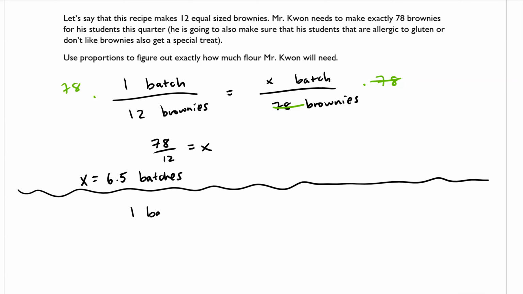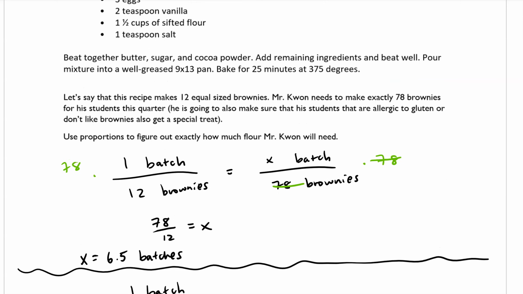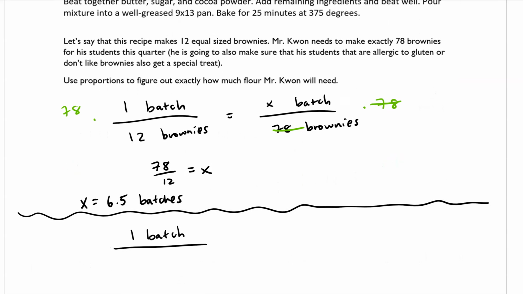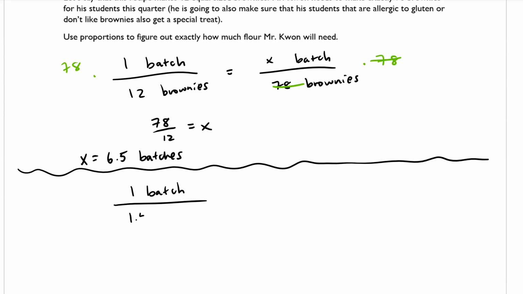So one batch of brownies calls for, let's see, 1.5 cups of sifted flour. So 1.5 cups of flour. And we know that we have to make 6.5 batches to get the 78 brownies, but what we don't know is how many cups of flour we will need.